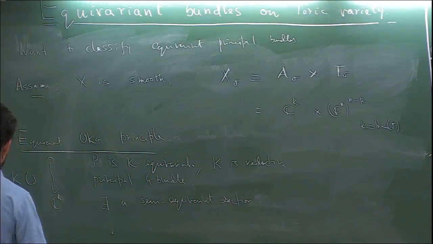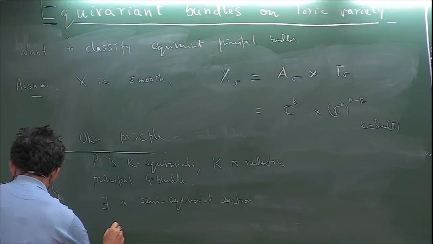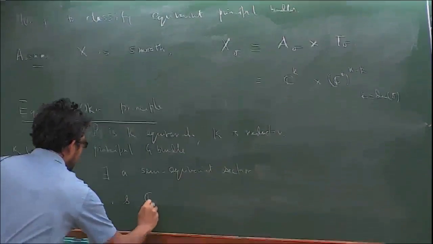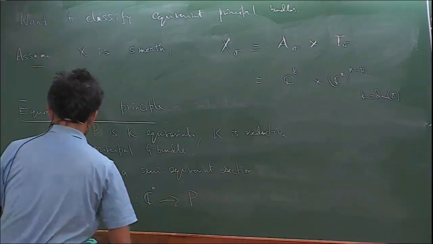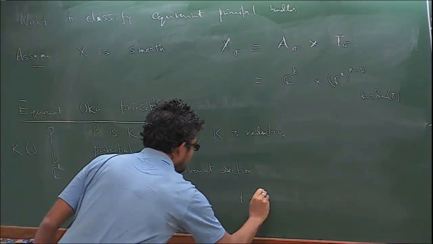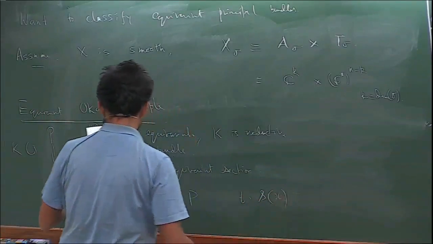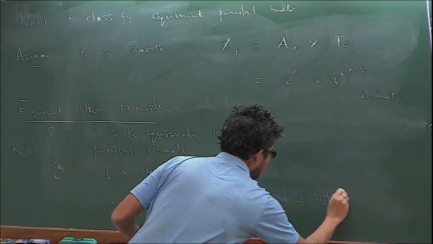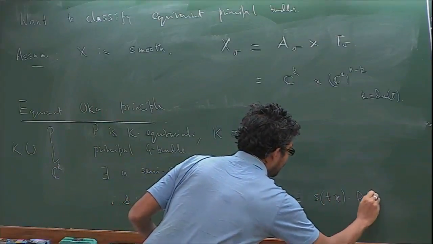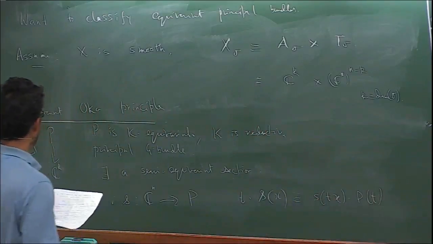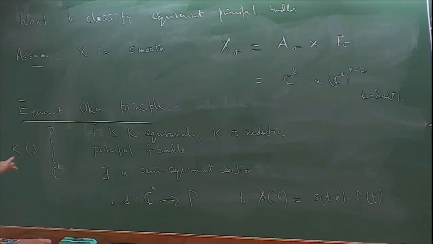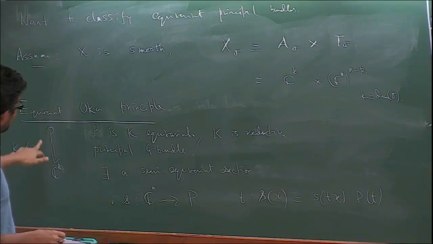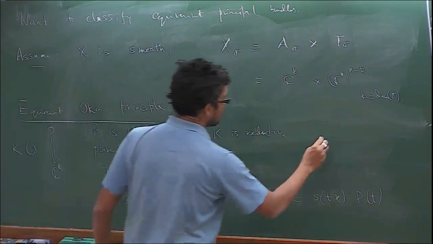So what does it mean? This means that there is a section S from C^n to P such that t times S of x is equal to S of tx times rho of t. So it says that this principal bundle P is equivariantly trivial first.